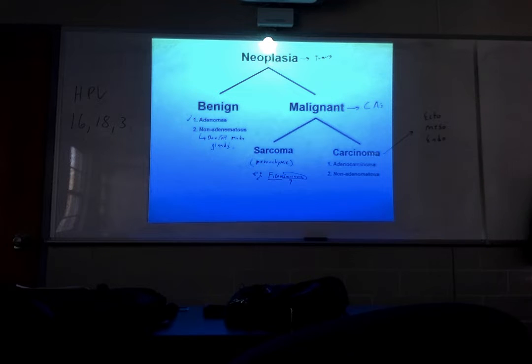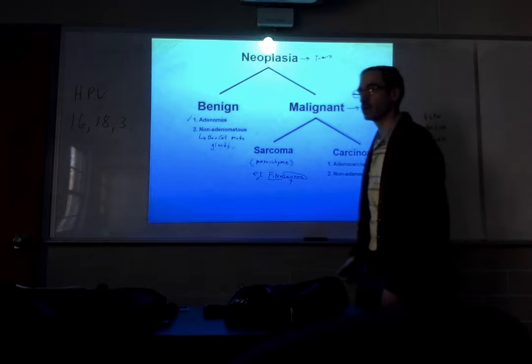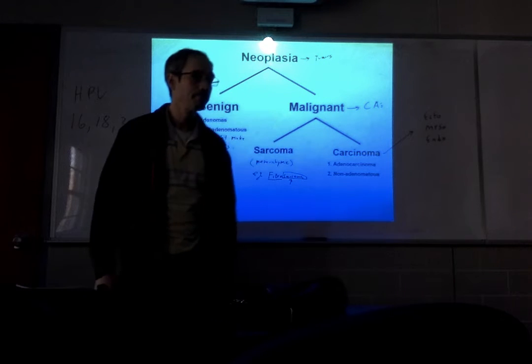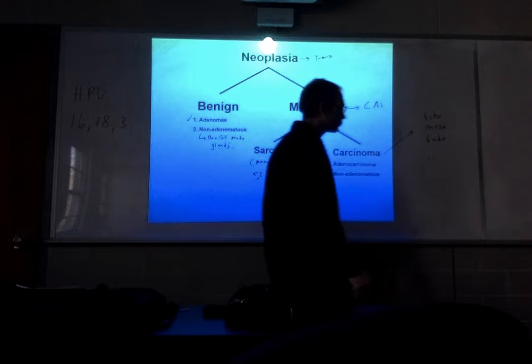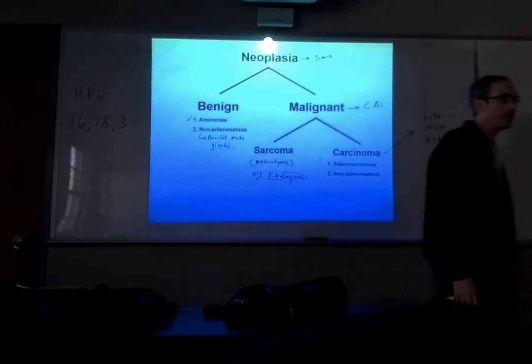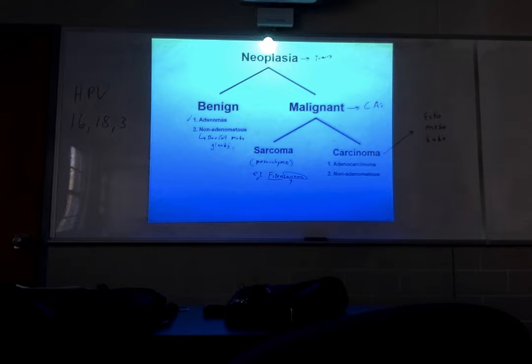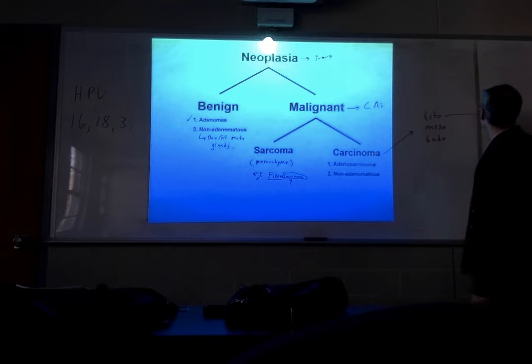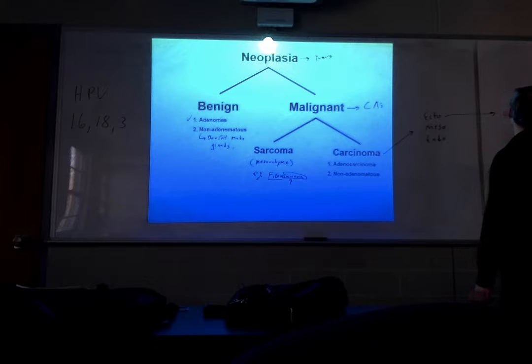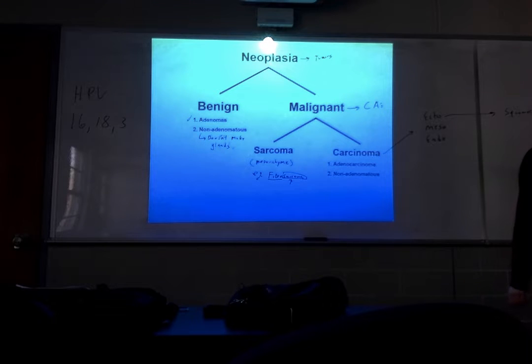Any malignant proliferation where the cells originate from any one of these three germ cell layers is referred to as a carcinoma. Example: the squamous cells of your skin, they originate from the ectoderm. Squames of the skin come from ectoderm. What do you call a malignant proliferation of squames? Squamous cell carcinoma.